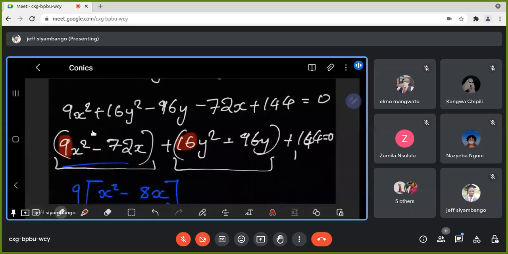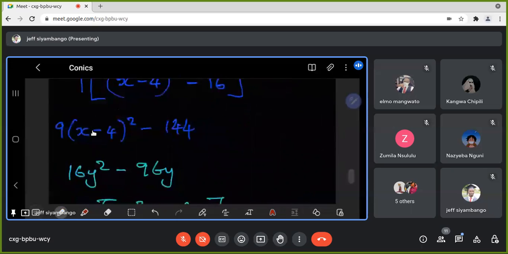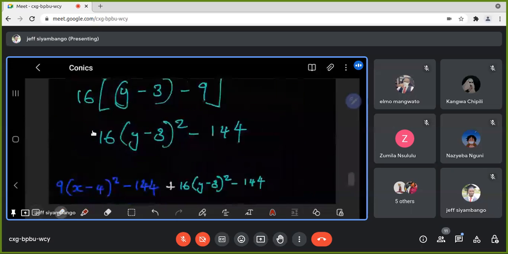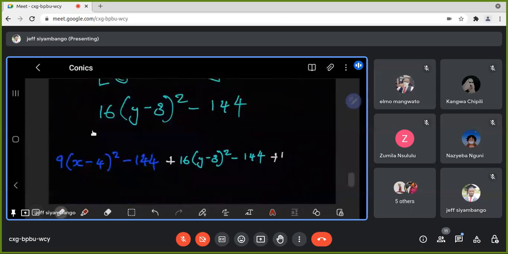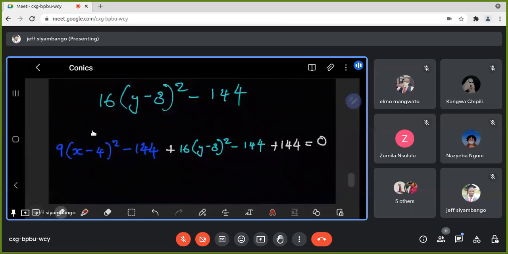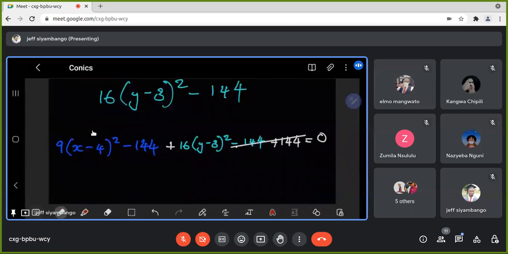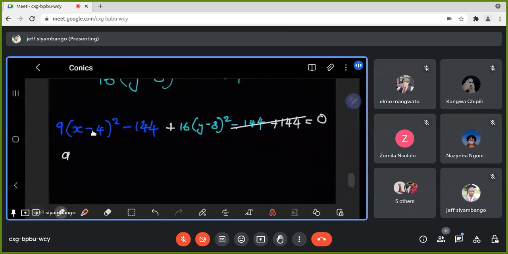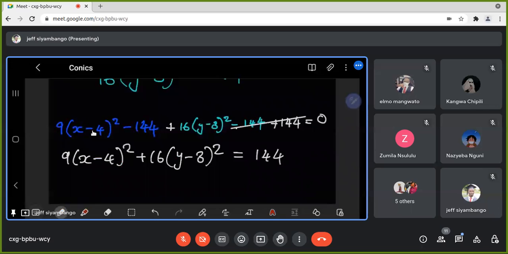The last part was that plus 144 is equal to 0. So how do we complete this? We see the 144 and this can easily subtract out. The 144 that remains goes to the right. Plus 16 times y minus 3 squared is equal to 144.